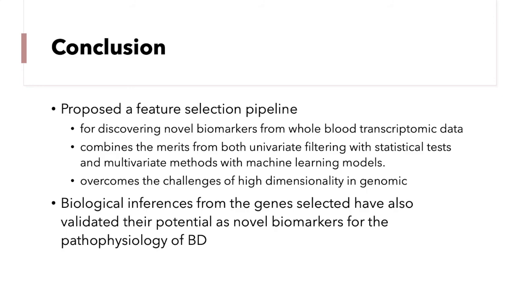We conclude that the feature selection pipeline can overcome the challenges of high dimensionality in genomic data and extract salient features highlighting related biological pathways for downstream analysis. Biological inferences from the genes selected have also validated their potential as novel biomarkers for the pathophysiology of bipolar disorder. Increased knowledge of these pathways has the potential to be translated to better therapy options.